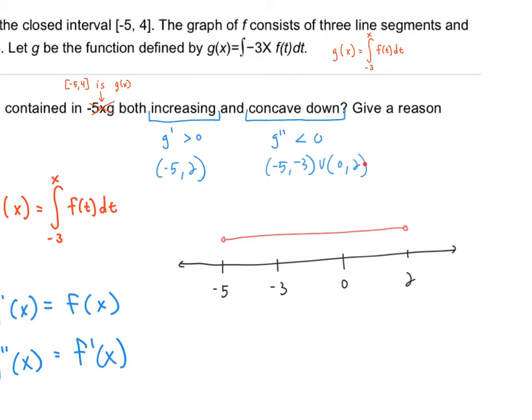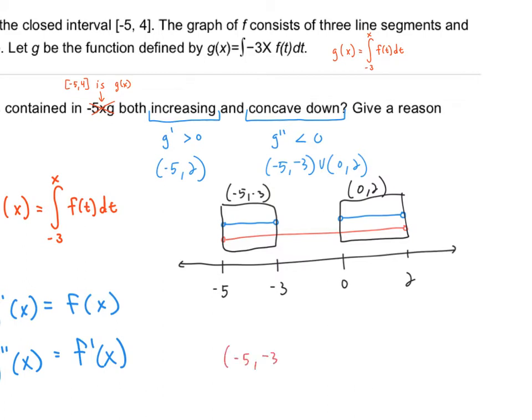And then this one up here is -5 to -3, and then 0 to 2. Now you can see they have in common this little section and that little section. That's -5 to -3, and this is 0 to 2. And then that's going to be the final answer. So -5 to -3 union 0 to 2.